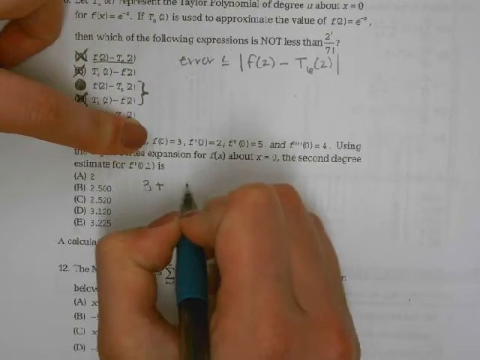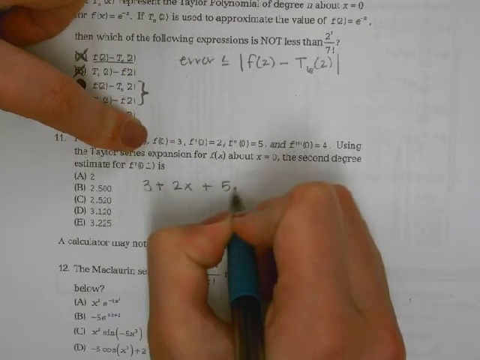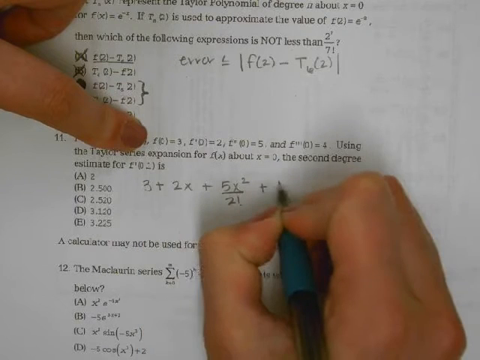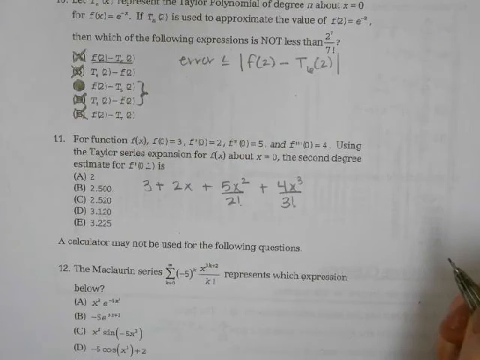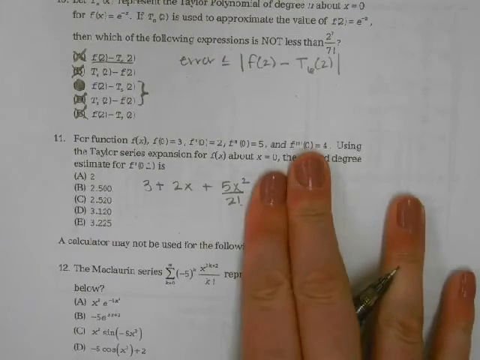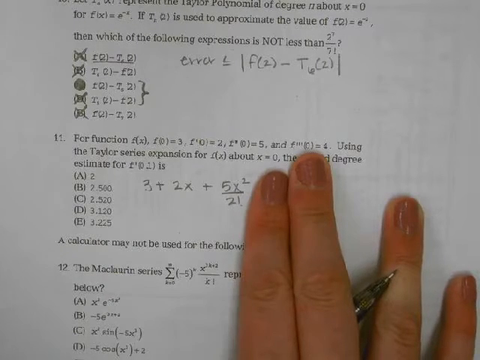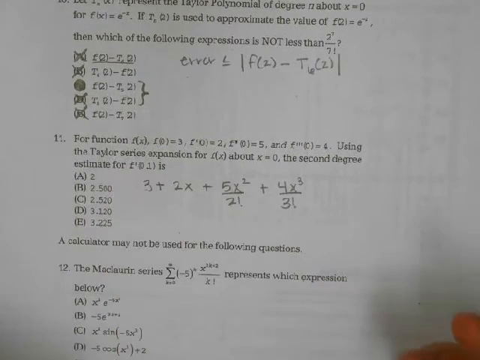So 3 plus 2 times x plus 5 times x squared over 2 factorial plus 4 times x to the 3rd over 3 factorial. And it said 2nd degree, so I was like, oh, let me cover this up, and then let me plug in 0.1, and I'm done. And that was an answer choice, mind you. And then I looked back and I was like, oh, it's the derivative.